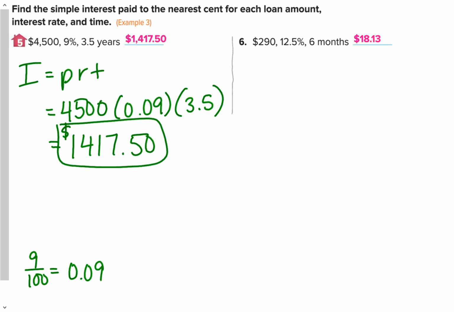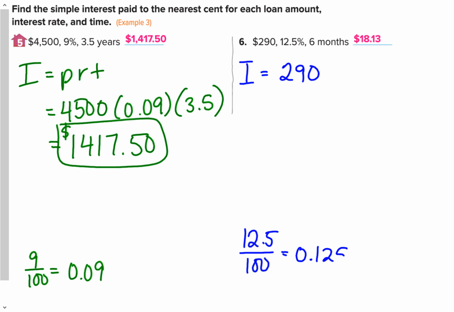Here's our next example. We have 290, and our 12.5% means 12.5 out of 100, so 0.125. Okay, again, 6 months out of 1 year, that's going to equal 1/2.